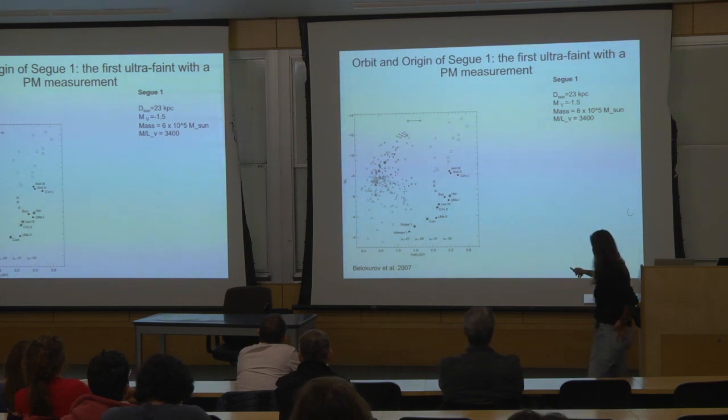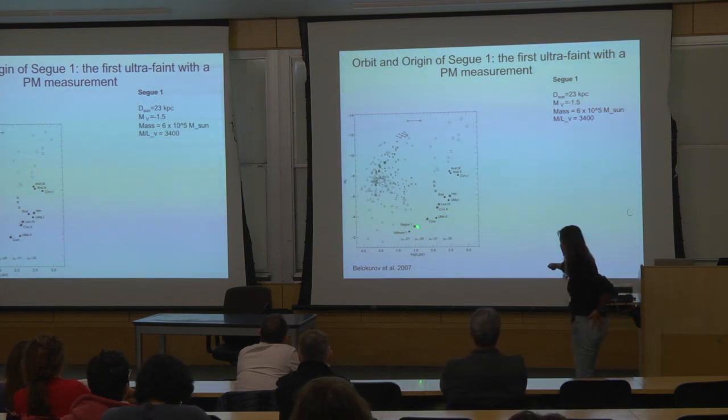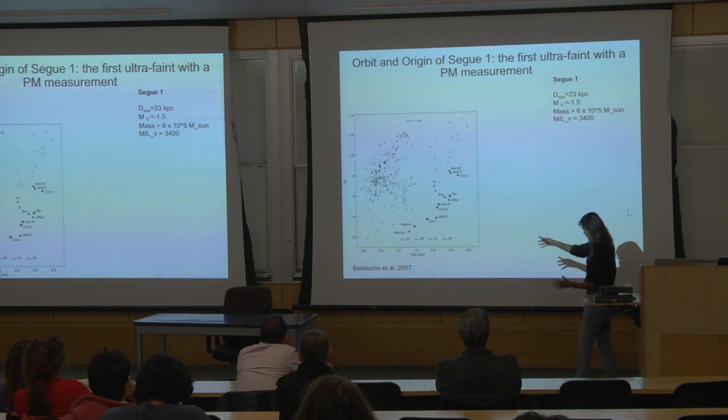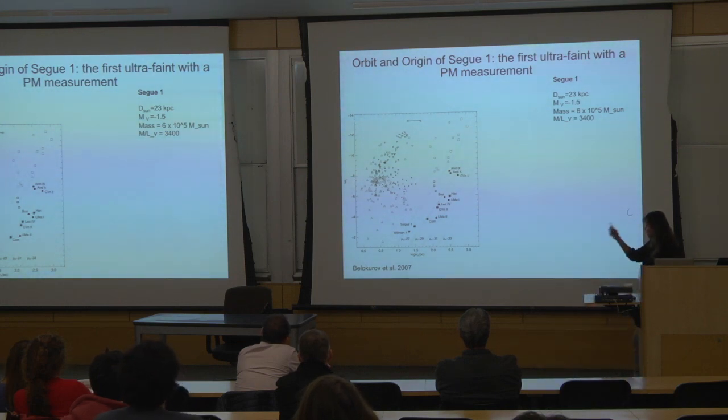But here is Segue 1. As I said, it almost holds the record for the faintest dwarf galaxy. Except we know that it has a lot of dark matter, so we really do think it's a galaxy.